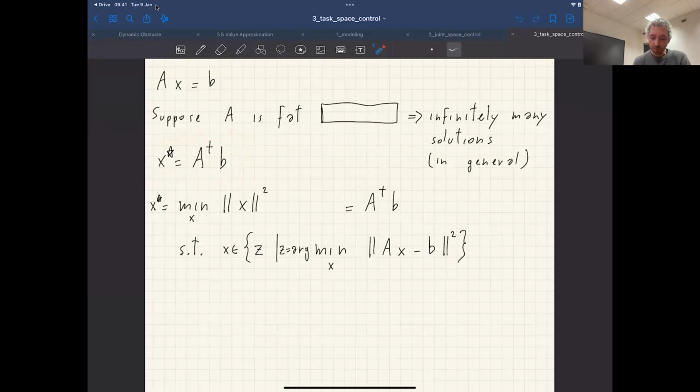So it is the one that minimizes the squared norm of the variable x subject to satisfying exactly, or satisfying in the least square sense, the linear system of equations. Among all the possible solutions of this system of equations, we take the one that minimizes this norm. That's what we get for free basically when we do the pseudo-inverse.